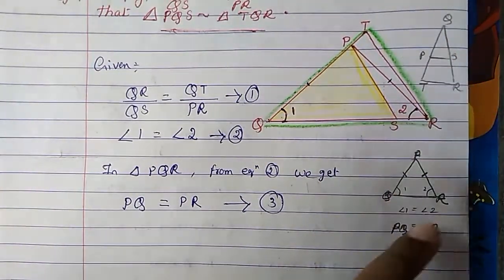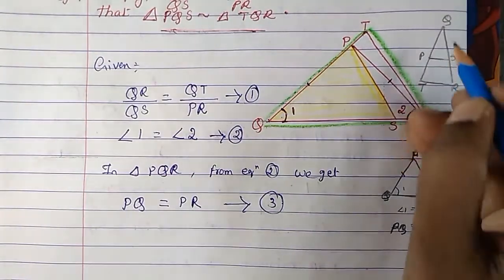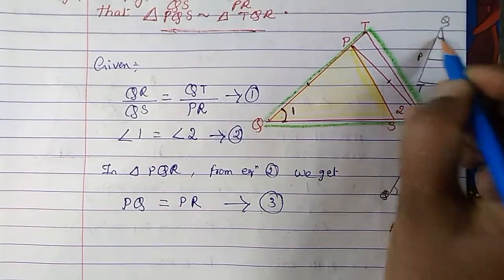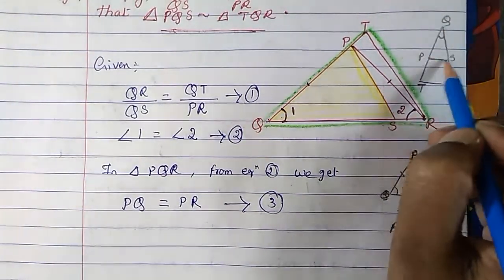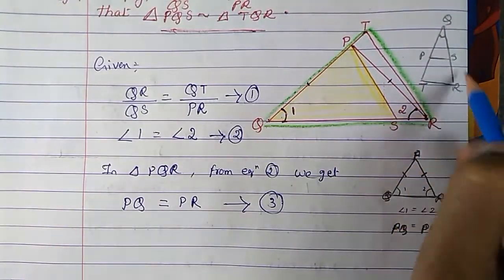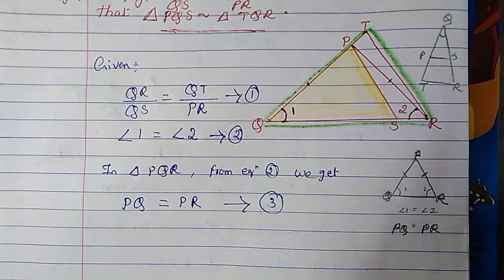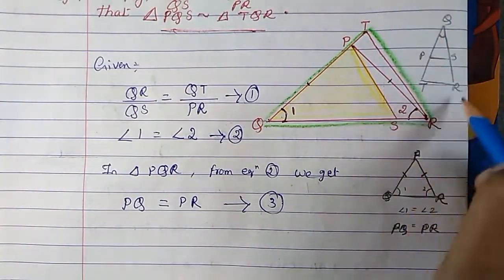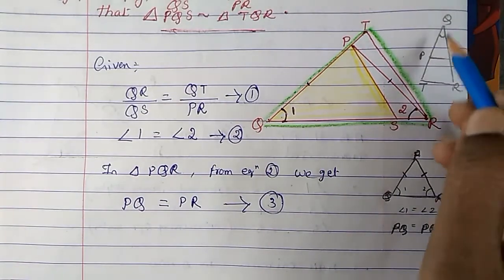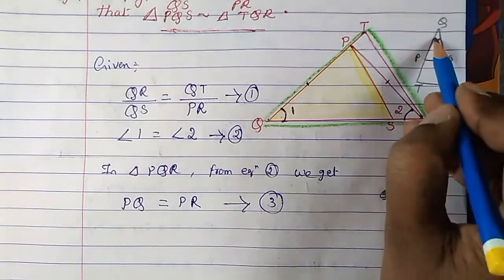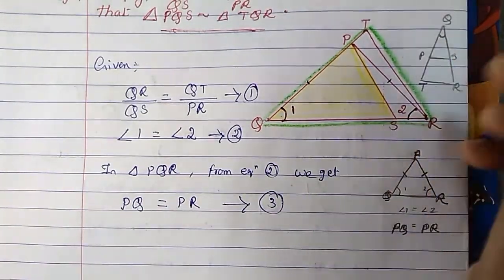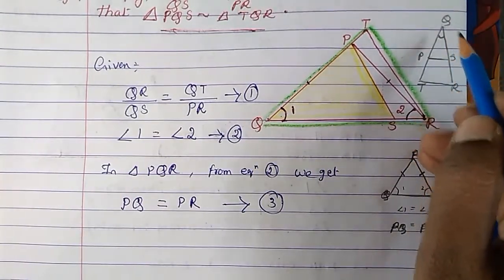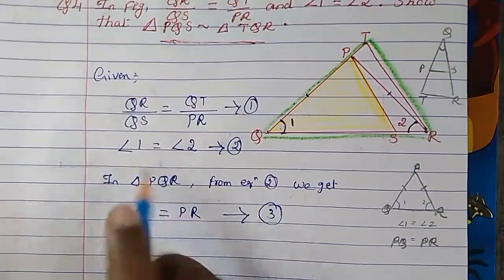Okay, now you see, angle Q is common for the small triangle and for the big triangle also. Okay, so this becomes common. Then another thing we have, so let us take this triangle. In this triangle this angle becomes common, and then if you look at the ratio that is given to us, what is given to us?